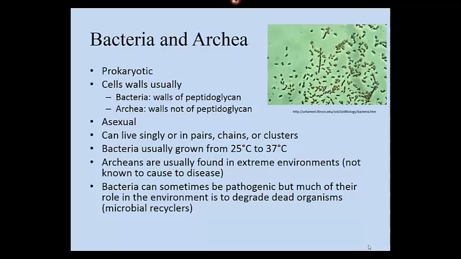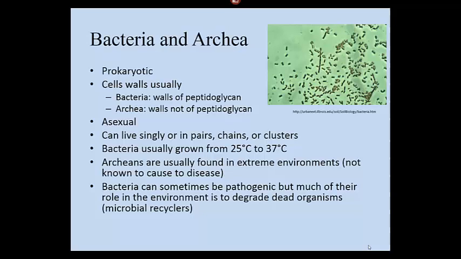So bacteria can sometimes be pathogenic, and those are the ones you're going to be most interested in. But please know that much of the role of the bacteria in the environment is as a decomposer, to break down dead organisms and return the nutrients that they contain back to the soil.